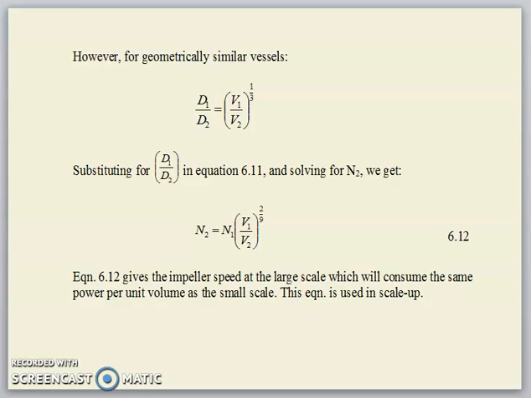Then substitute for D1 over D2 in the equation and you can solve for N2. Then the equation for the tip speed gives the impeller speed for the large scale, which will consume the same power per unit volume as the small scale. So this equation you can use for scaling up.